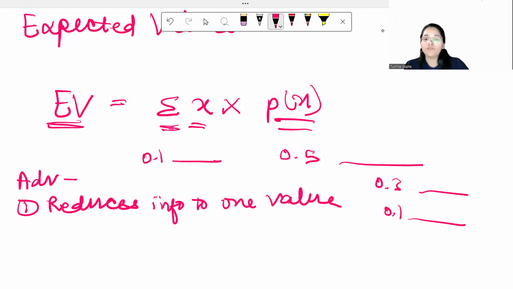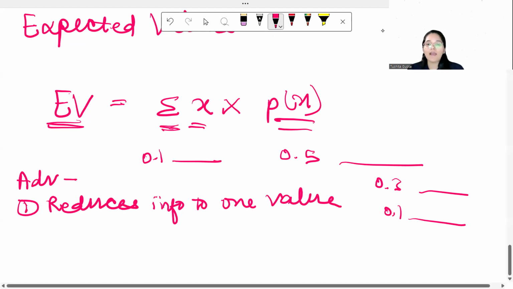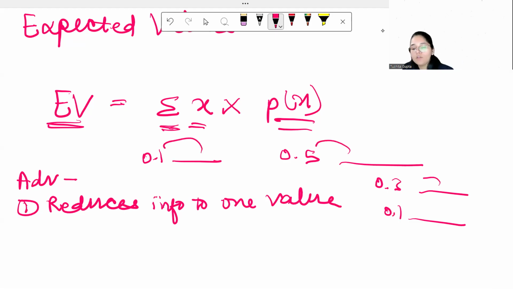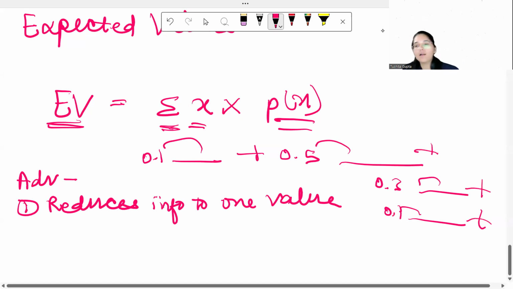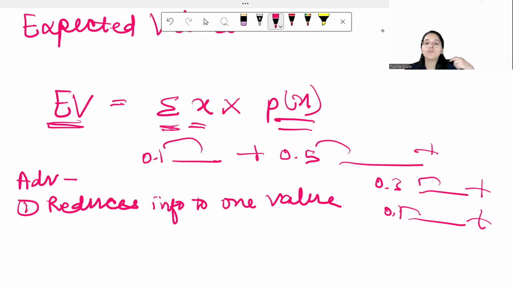So you have a whole lot of data available to you. Whenever you calculate the expected value, you're basically reducing all of the information that you have to one value. You multiply all of these together, add them up, and work out the expected value, and you get only one value as the final answer.